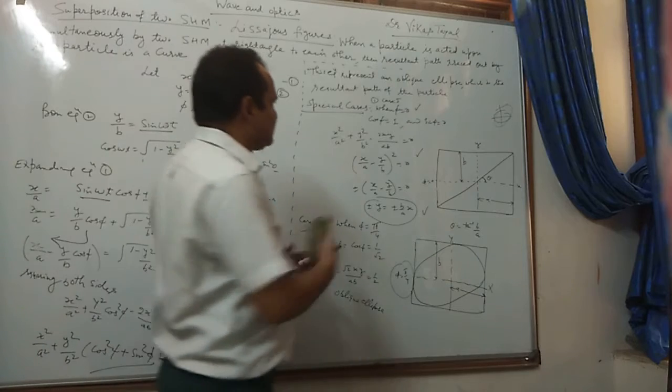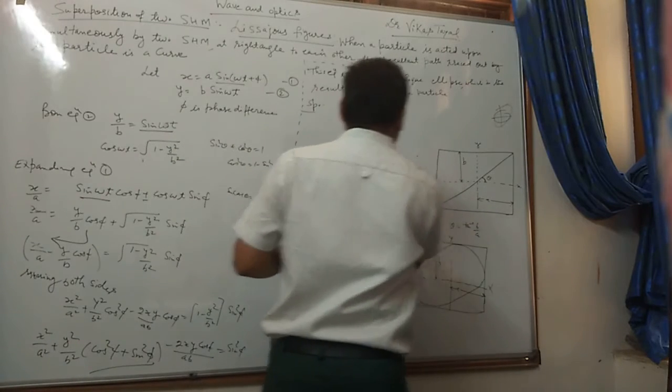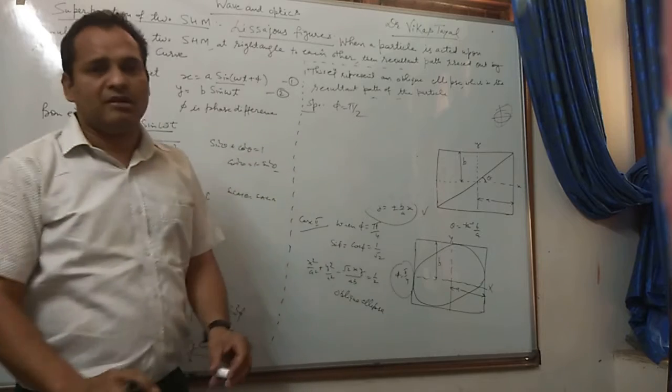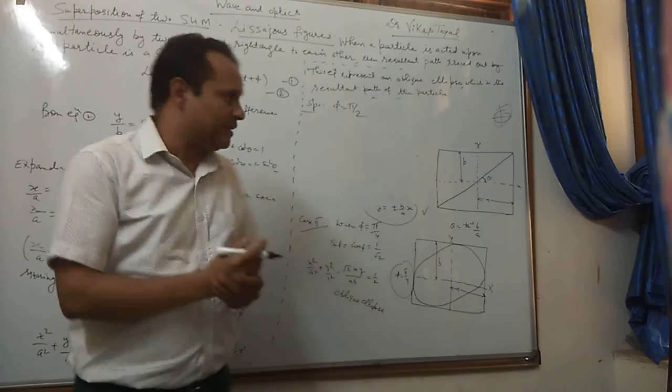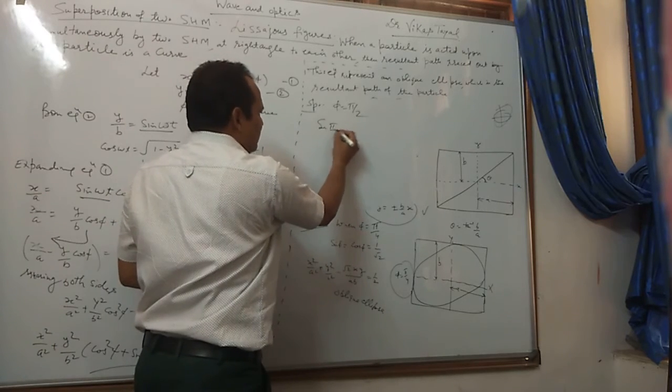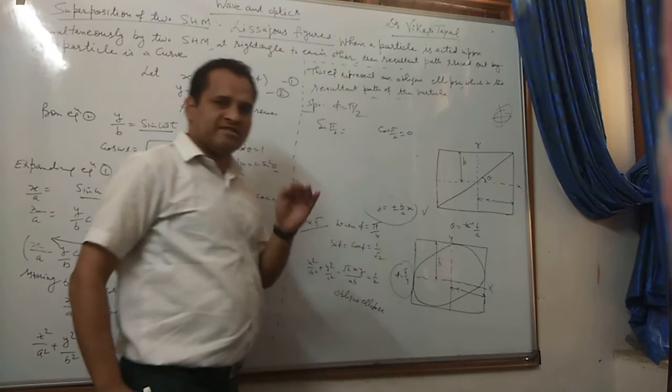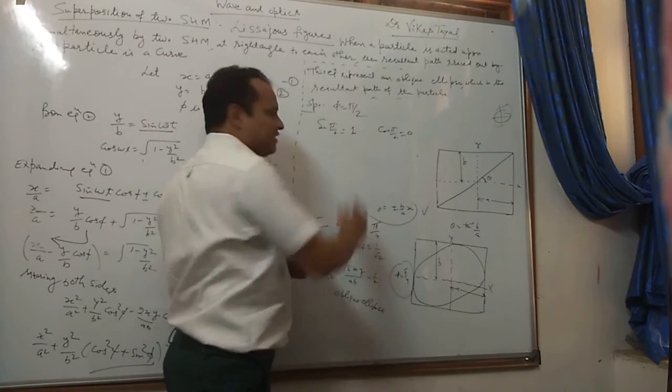Now the third case: φ = π/2. When the phase difference between the two waves is π/2, cos π/2 is 0 and sin π/2 is 1.